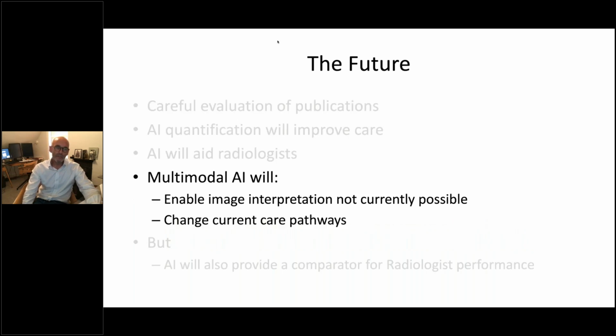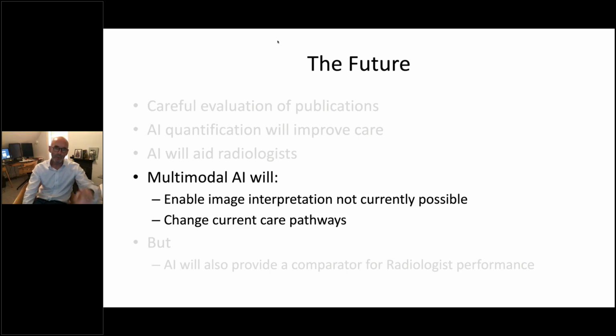I will end with two things though. I think the real future, it'll take some time to get there, is multimodal AI combining clinical, biochemical, histological and image data, which we can't do in our heads, and will make a terrific difference. And I'll show you a couple of examples. I'm really confident that in 10 or 20 years, they'll change the current care pathways for massive patient benefits.